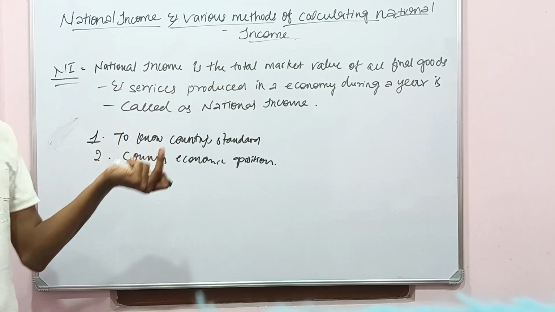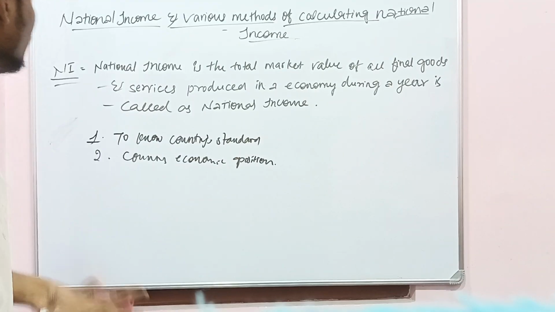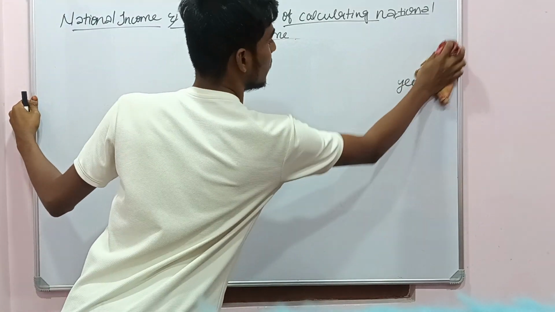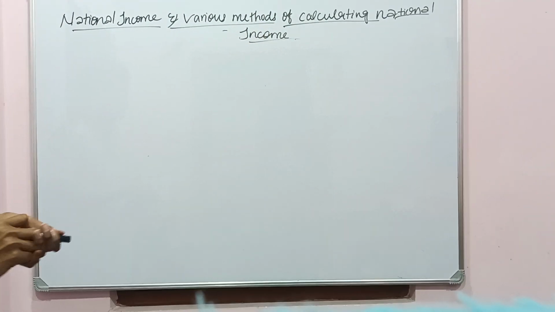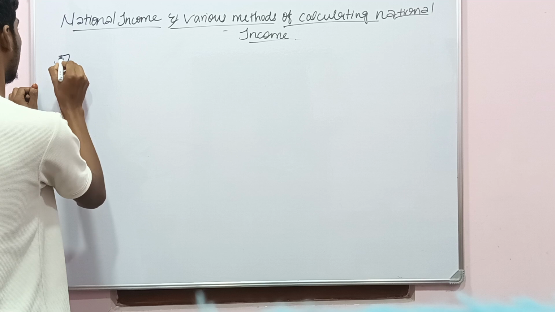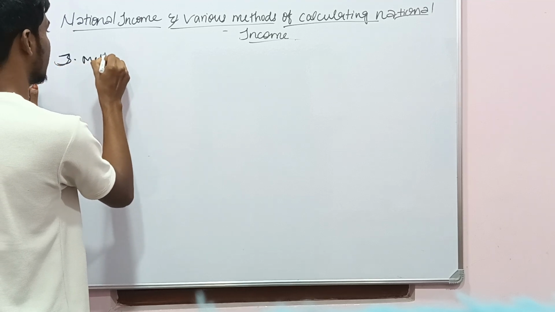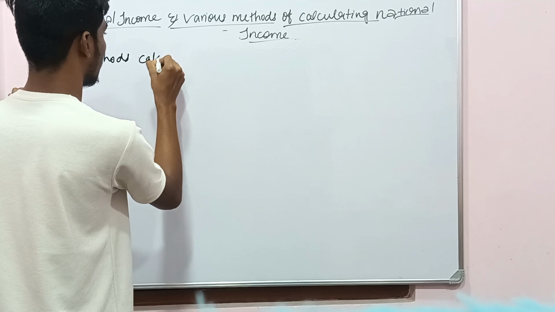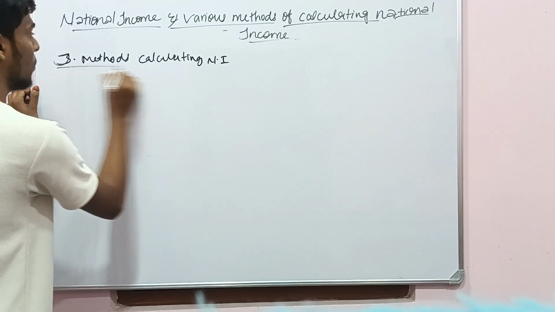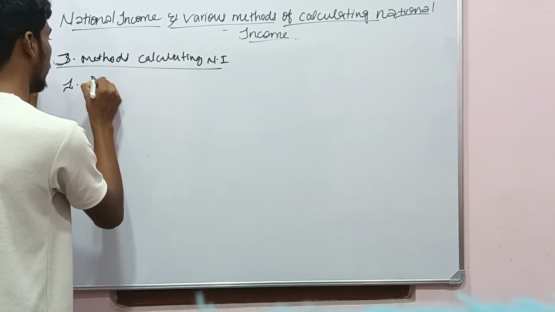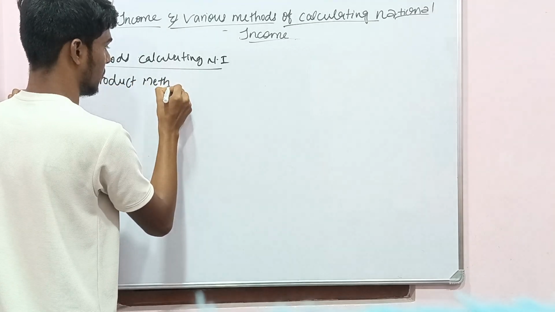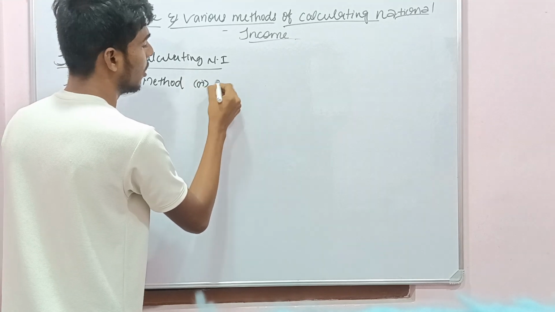Now see what are the various methods of calculating the national income. There are a number of methods of calculating national income. Here we are taking three methods. One is the product method, or output method.